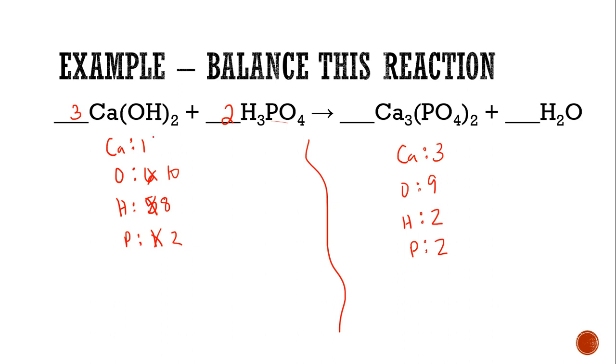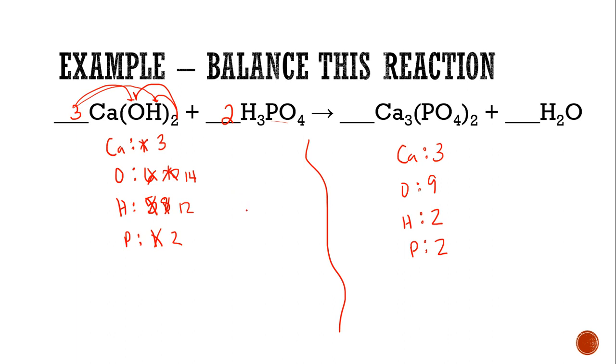Here, you're going to see calcium changes to 3. 3 and 2 both go to this, so notice here I now have 6 oxygen plus my 8 oxygen over here. So 6 plus 6 is 12, 13, 14 oxygen. My hydrogen also is going to be affected. So 2 and 3, that gives me 6, plus 6 over here gives me 12. And then my phosphorus is not affected.